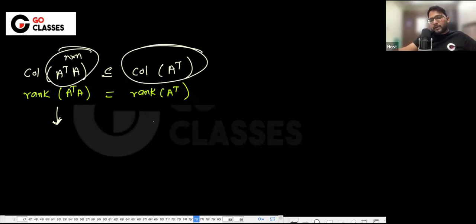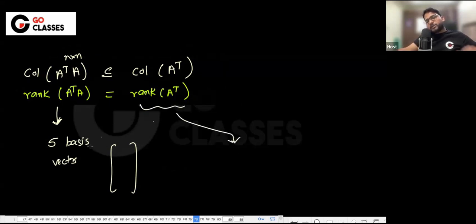Let's suppose there are five basis vectors here, maybe in, let's suppose, R10. Here also, how many basis vectors will you have in R10? If these are the five basis vectors in A transpose A, here also five basis vectors, right?